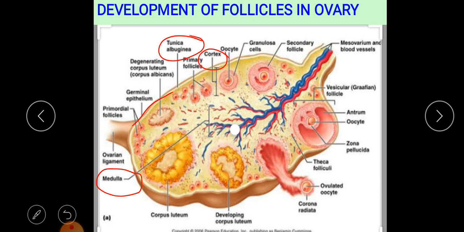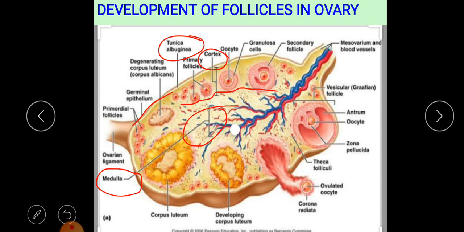The cortex is the part which differentiates the stages. The cortex is made up of reticular connective tissue and the medulla is made up of areolar connective tissue. This is the medullary part. In the cortex region we can see the various stages of follicular cell development: the primary follicle, secondary follicle, tertiary follicle, and the Graafian follicle.